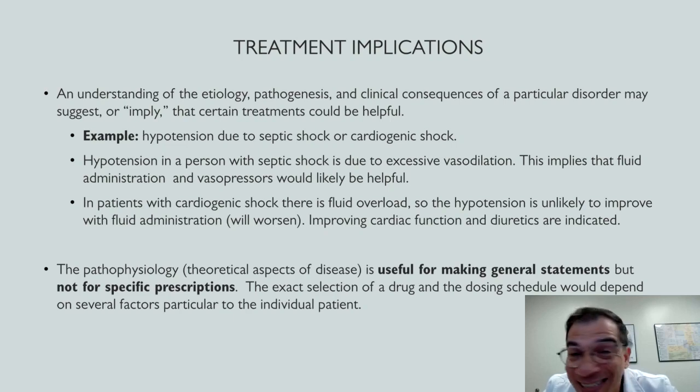But if the patient has a cardiogenic shock, that means they have a fluid overload, their lungs are congested, pulmonary edema, we don't give fluids to these patients. We give diuretics in order to relieve the congestion in the lungs. So pathophysiology is going to be useful to make general statements, not for specific prescriptions. That is the task of clinical medicine.